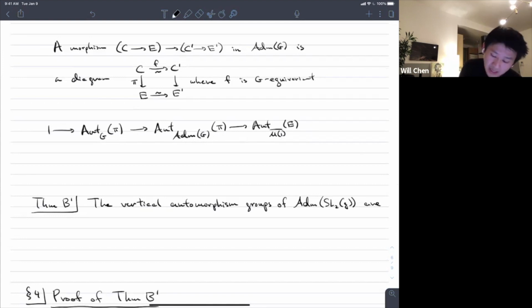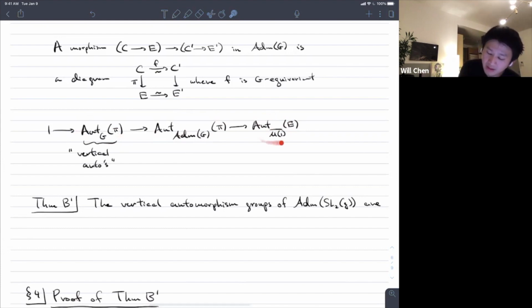And so what this means is that you have automorphisms of objects in ADMG of admissible covers. Every automorphism of an admissible cover induces an automorphism of the base, which is just an automorphism of the elliptic curve, and its kernel, which we can call the vertical automorphism group. So these are the vertical automorphisms. Its kernel is the thing that you want to control, essentially.